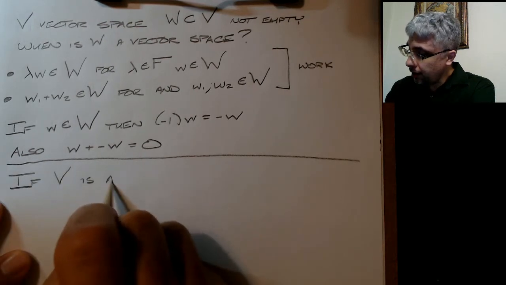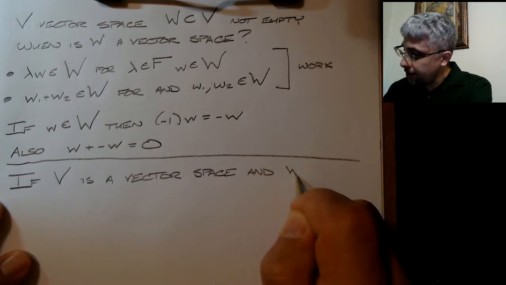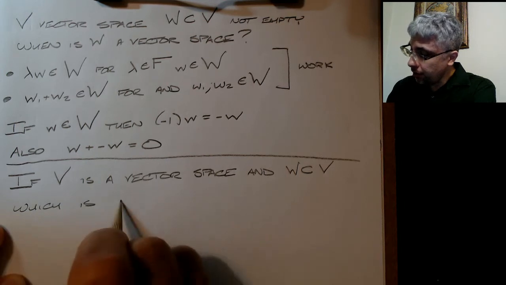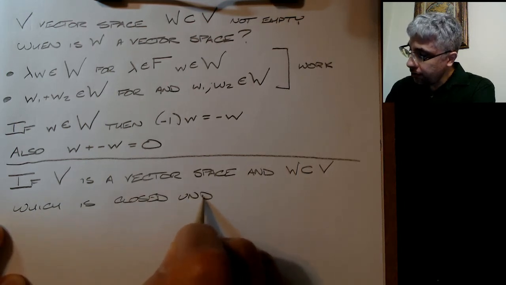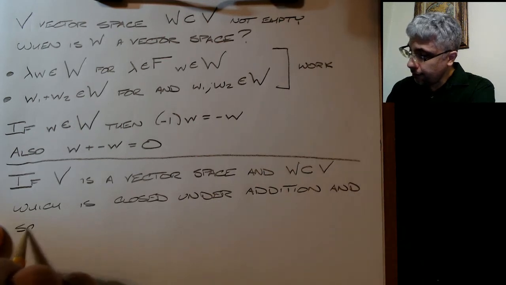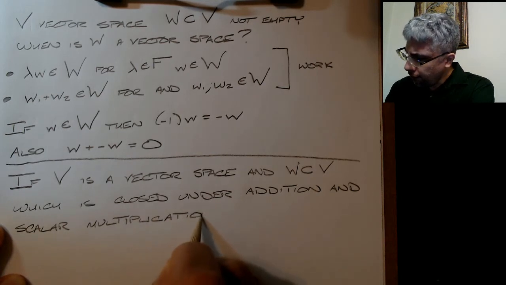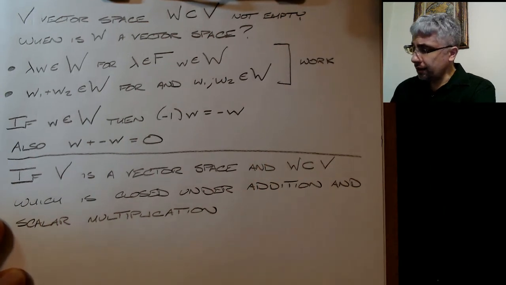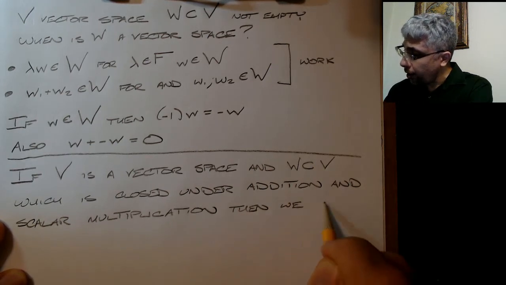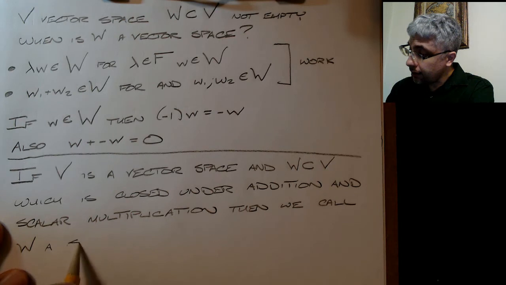If V is a vector space and W is a subset of V, which is closed under addition and scalar multiplication, so like our two rules up there, okay, so if we have a vector space with a subset that is closed under addition and scalar multiplication, then we call W a subspace.